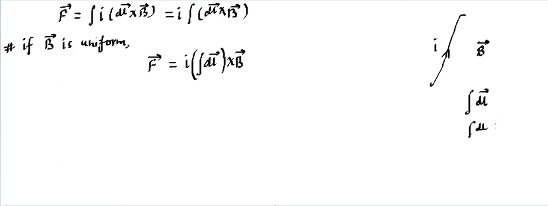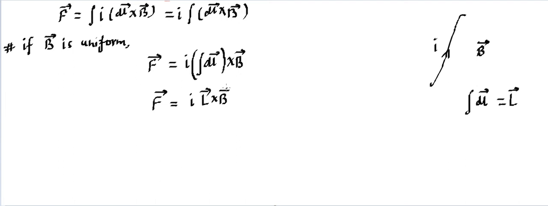So it indicates total length, that indicates total displacement. So we can call this L vector, and the other one is the length, or you can say total distance. We have already talked about that. Here we are using this, so it's going to be written as F is equal to I L cross B.